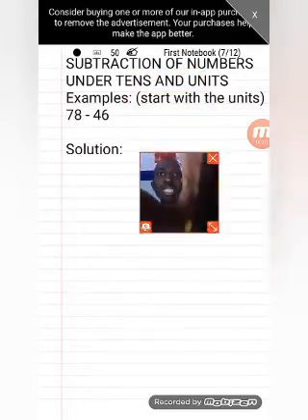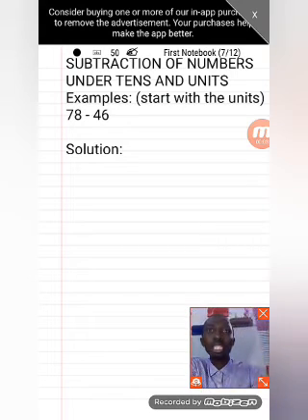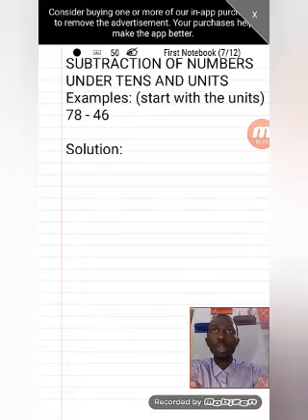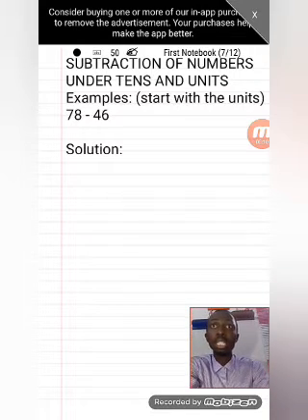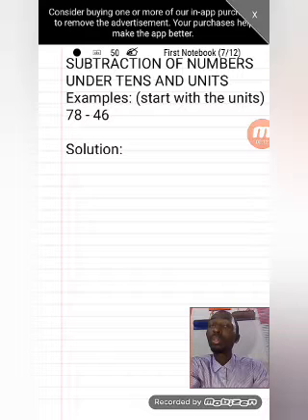So we are into the lesson now properly. Subtraction of numbers under tens and units. That is subtraction of numbers based on 2 digits. You understand?